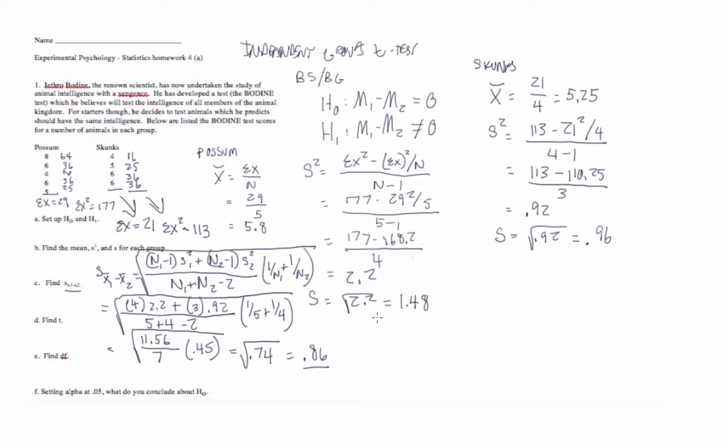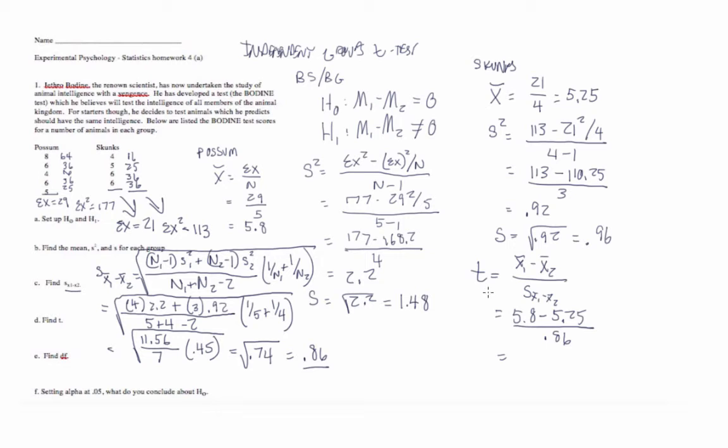Okay, now we'll do t, and we'll put that up over here. This is our t obtained, and that again is equal to mean 1 minus mean 2 over our standard error. So mean 1, 5.8, minus 5.25, over 0.86.